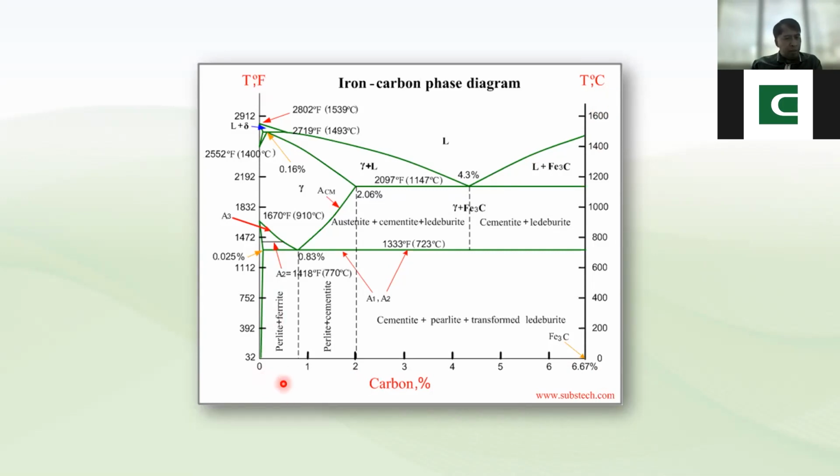So if the carbon content is up to 0.8%, up to this portion, this is pearlite and ferrite. And as you increase the carbon content, it will change from pearlite ferrite, nagiging pearlite cementite. And then itong cast iron, which is 2.1%, nagiging cementite, pearlite, and ledeburite.